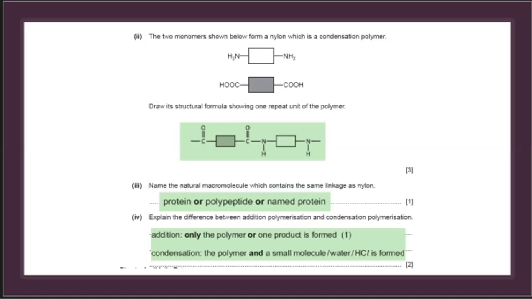Most times it's either water or hydrochloric acid, right? With addition polymerization, the double bond inside of the monomer, which is most times an alkene, is going to break, and all we will have forming is the polymer. With condensation polymerization, a molecule is removed, thereby producing the polymer that we want, as well as a small molecule.